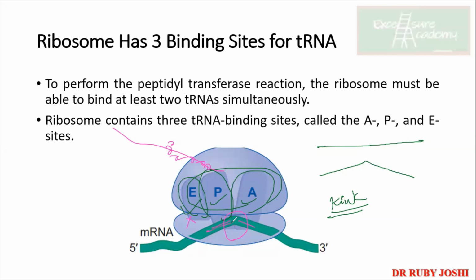So when this kink is present, it means they are making sure that it is read in triplets only. As soon as your ORF is identified and you get your start codon, your first amino acid will be there. Now they make sure that after one, two, three, there is a kink and then another 3 will be present over here.